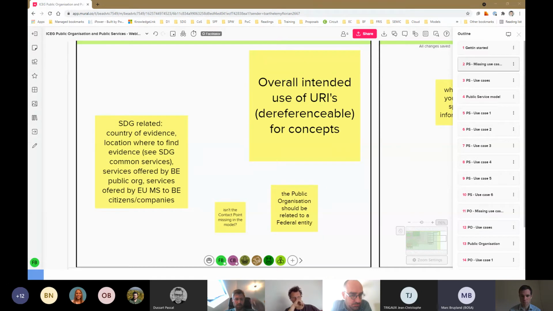So the question is also, are we going to describe that as well, or are we going to take that into our scope as well? Because I think from a perspective of a Belgian citizen and a Belgian company, we should add it.